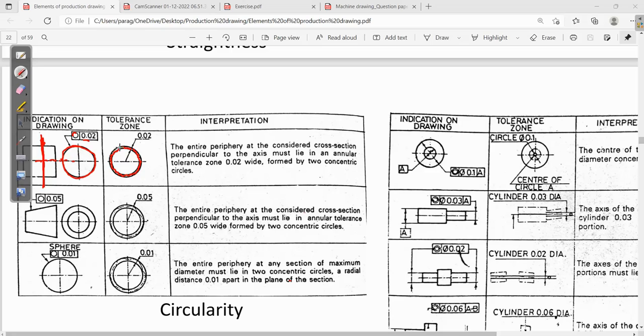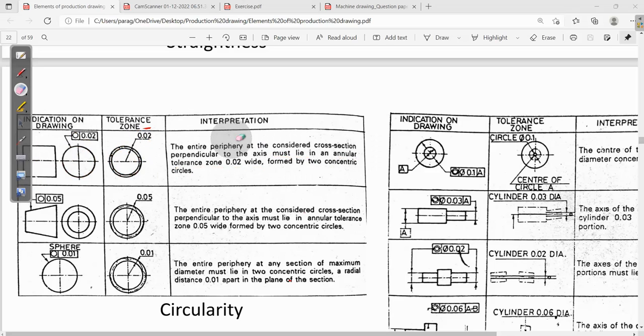So it must lie in between two concentric circles lying 0.02 mm apart, or must lie in an annular tolerance zone of 0.02 mm, formed by two concentric circles.